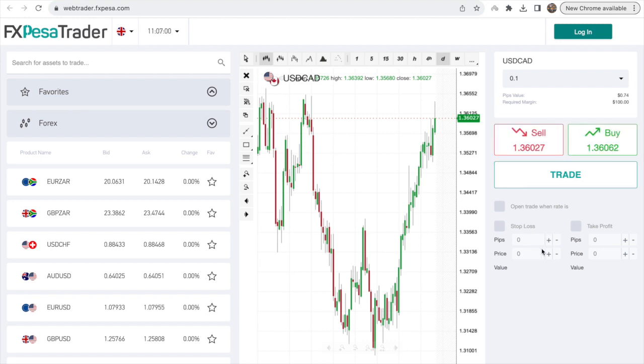You can see we have stop loss levels here, how many pips you want to put as a stop loss, what level you want to take your profit at, whether by value or by pips. The margin required, and the amount of money you'll have earned under pips value. All these things are here, and you should try to familiarize yourself with this platform before you start trading.